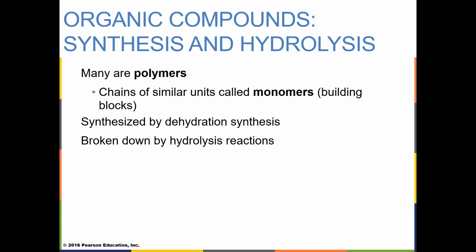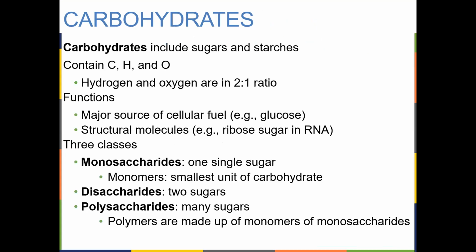So these polymers are long chain molecules. And we see that in the carbohydrates, we see it in the fats, and we see it in the proteins. In carbohydrates, we have a 1 to 2 to 1 ratio of carbons and hydrogens and oxygens. For every carbon we have in a carbohydrate, we're going to have 2 hydrogens and 1 oxygen.